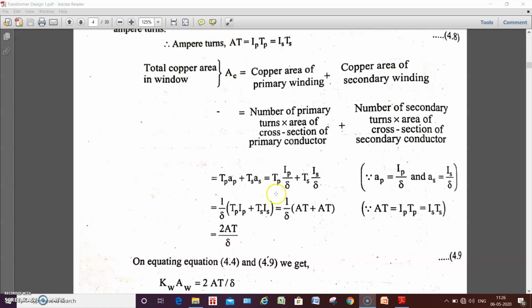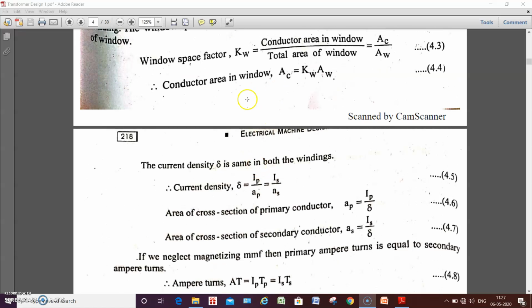Okay. So then we are taking this delta in the denominator as a common factor, so 1 by delta. So you will be getting TPAP plus TSAS. So both we have assumed same. So it is 2 IPTP, so 2 IPTP by delta. Already you know the copper area in the window is KW AW.